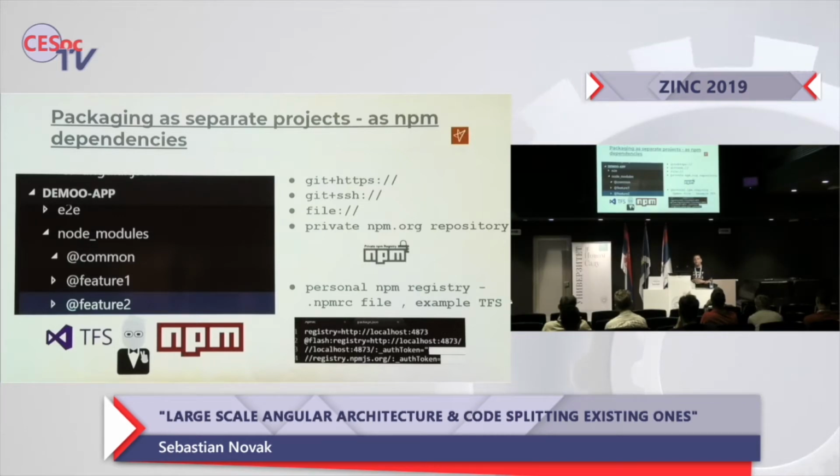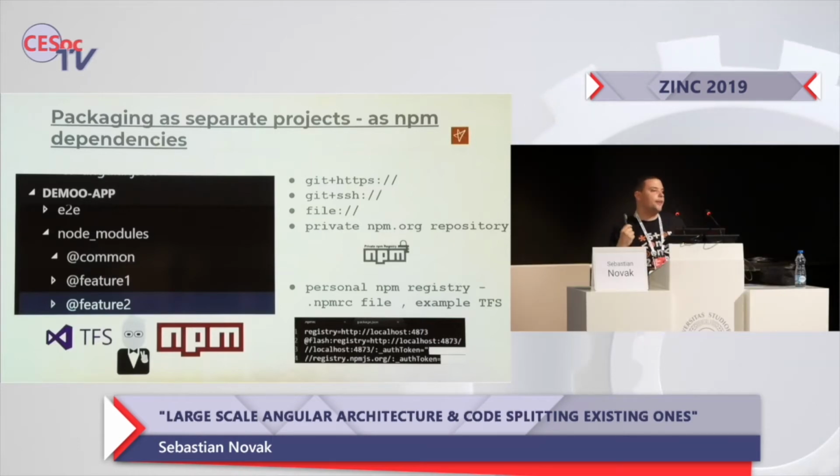But in order for npm to use a custom registry, you have to make this file, .npmrc, that has to be in the root of your project. And in there, you specify the location of your custom npm registry, which is often somewhere in your local network.